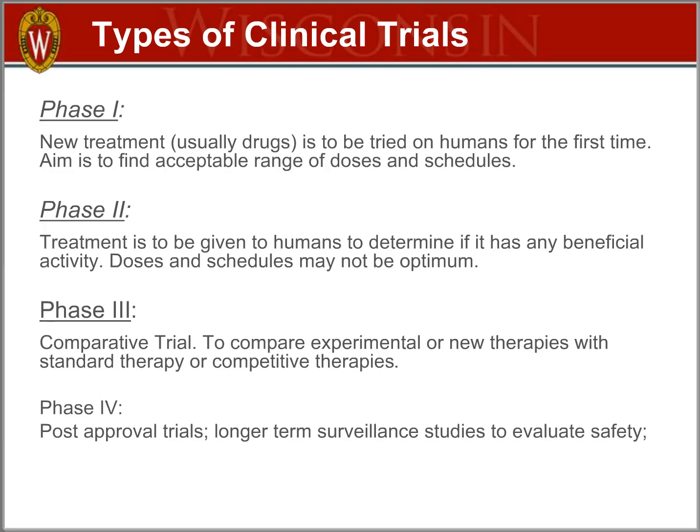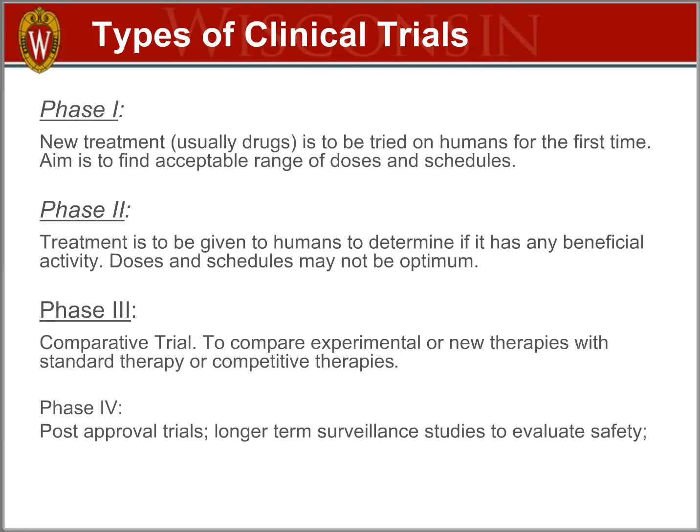We also refer to phase 4 trials, and this is being given much more attention these days in post-approval trials, where we attempt to assess, in longer-term surveillance, safety of the device or the intervention. Phase 4 trials are challenging because they're typically not randomized. They are observational in some sense.